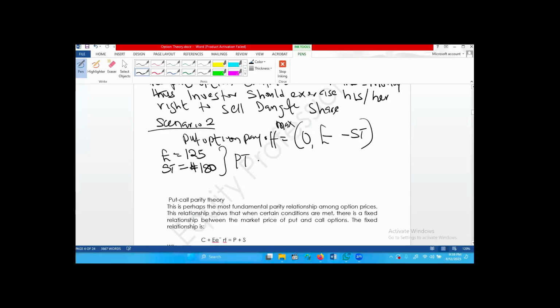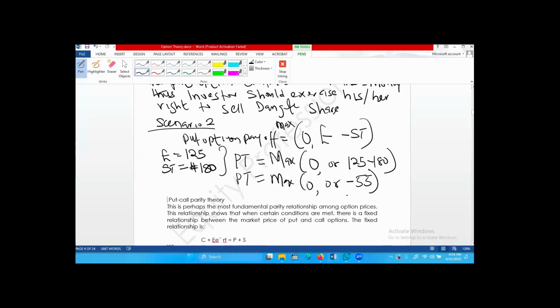Payoff, maximum of 0 or 125 minus 180. My P is equal to maximum of 0 or negative 55. Look at it.